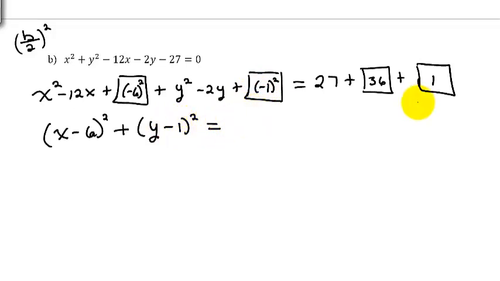And then on the right-hand side, we have 27 plus 36 plus 1. So that's what, 64. And so our center is at the point (6, 1), and the radius is 8.